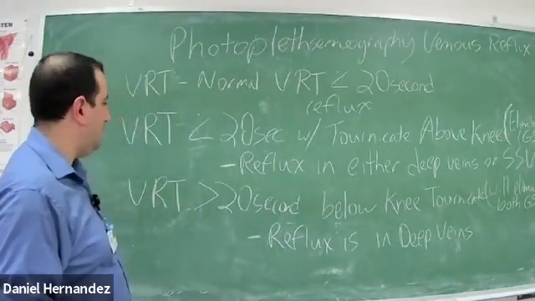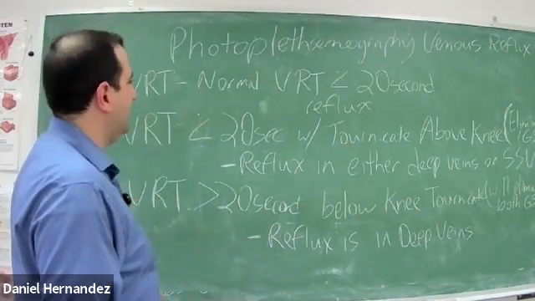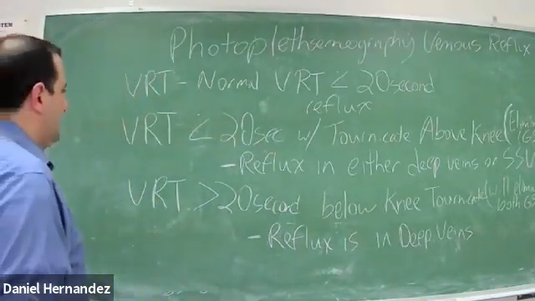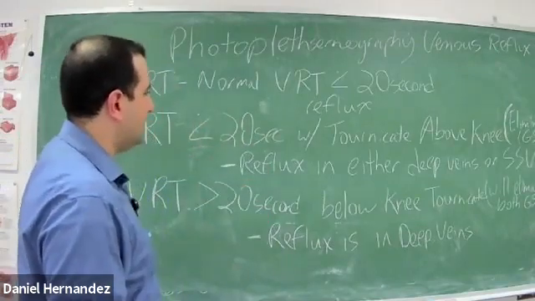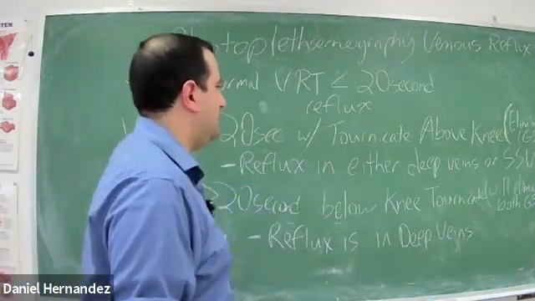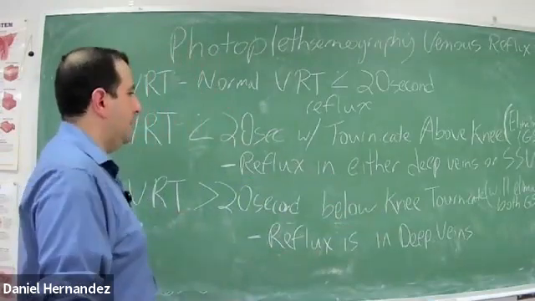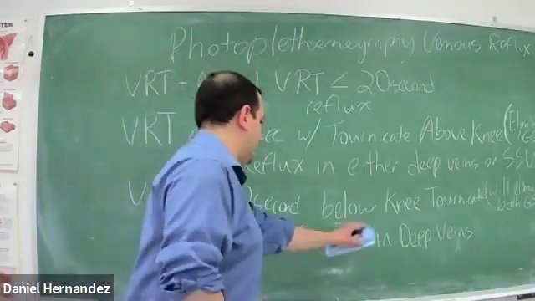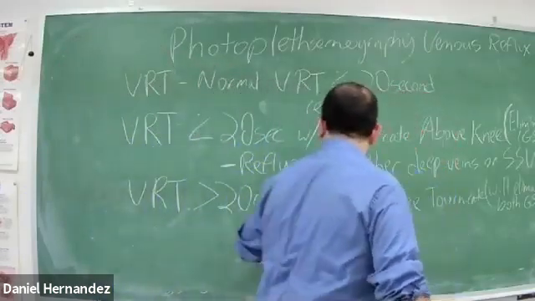So with the tourniquet below the knee. So we've done above the knee, and it was less than 20 seconds, which showed reflux in either the deep or the superficial. We then moved below the knee and it normalized now. So then we know that it wasn't the deep veins that had the reflux, it was actually the lesser saphenous.